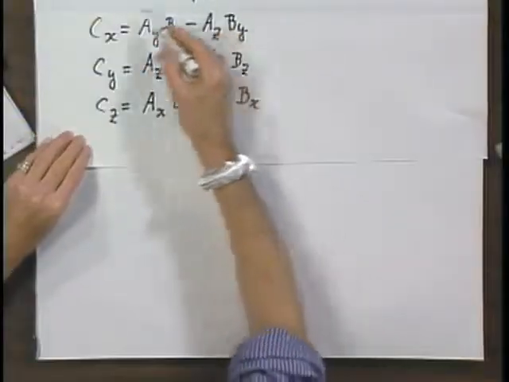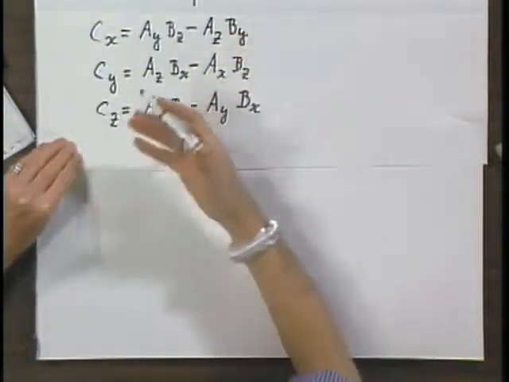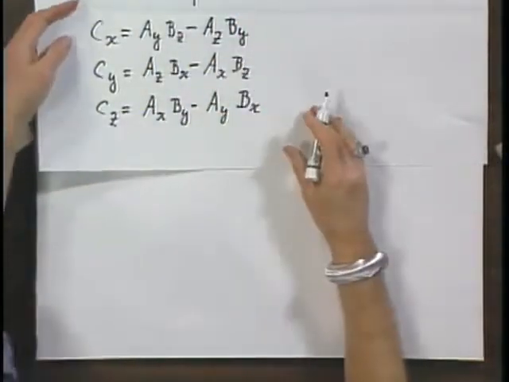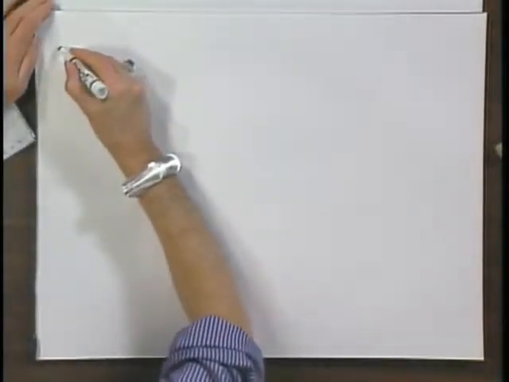First of all, I can write down this vector c in a very elaborate way. You may not like that. I don't, but let's do it.